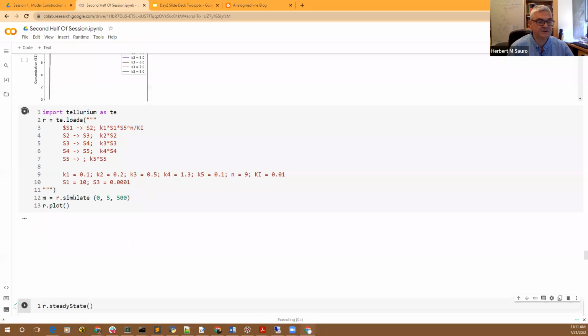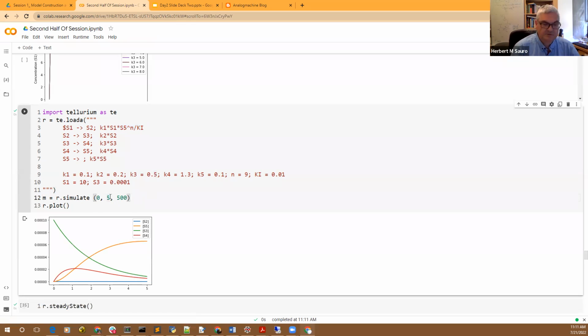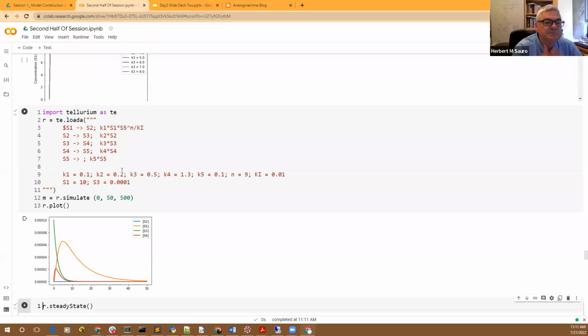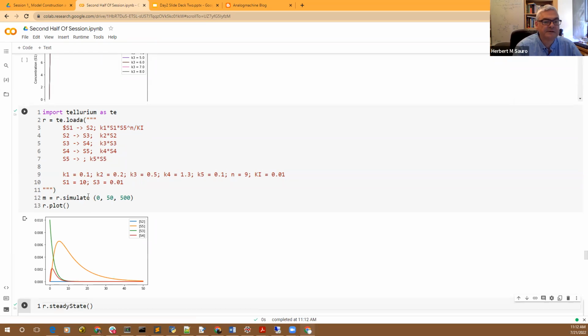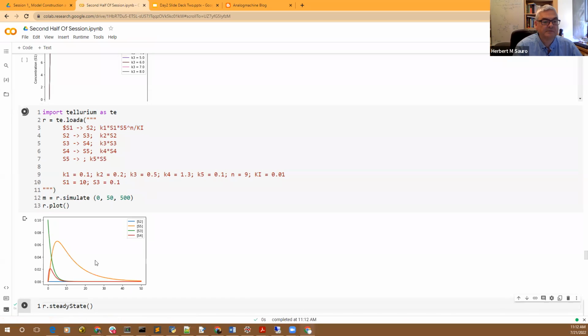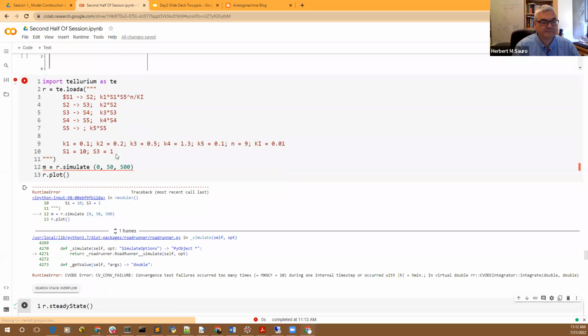If I put even the tiniest amount in, let's not simulate too far. I'm expecting an explosion. Maybe that's not enough. It should explode. Okay, it's exploded.